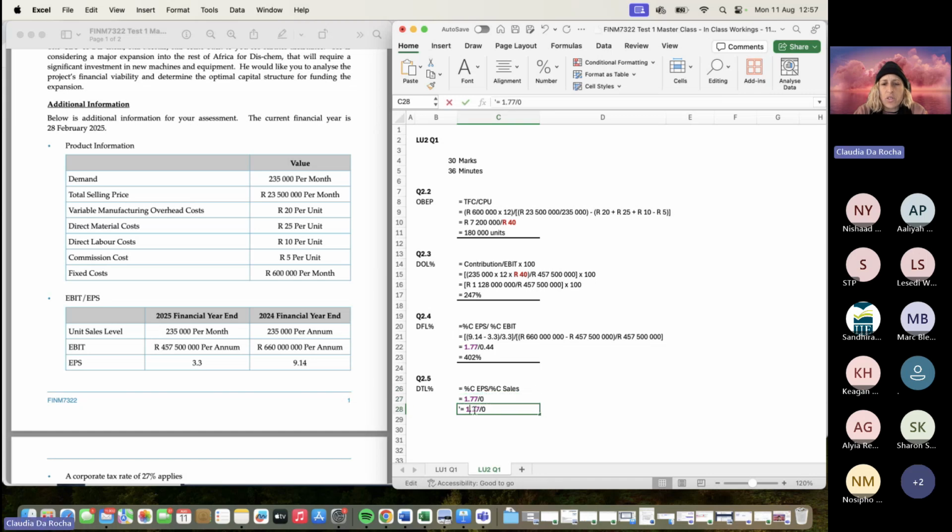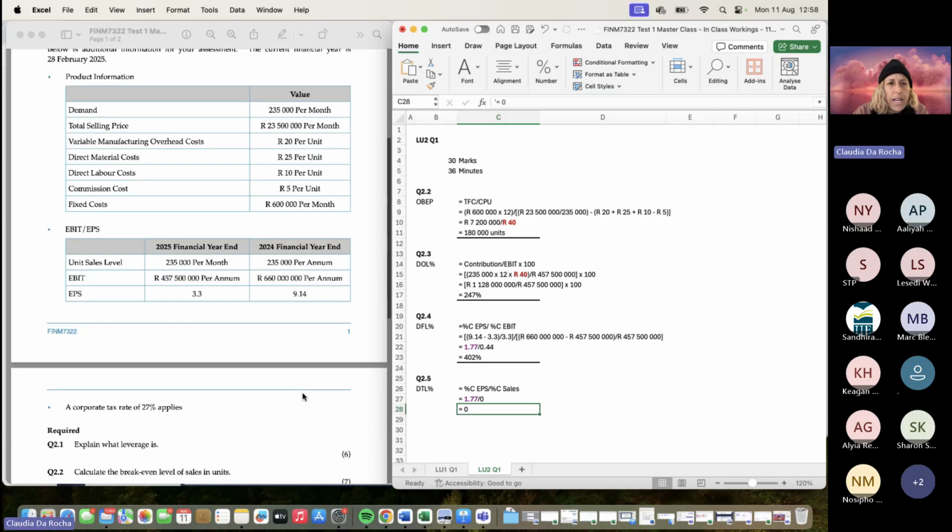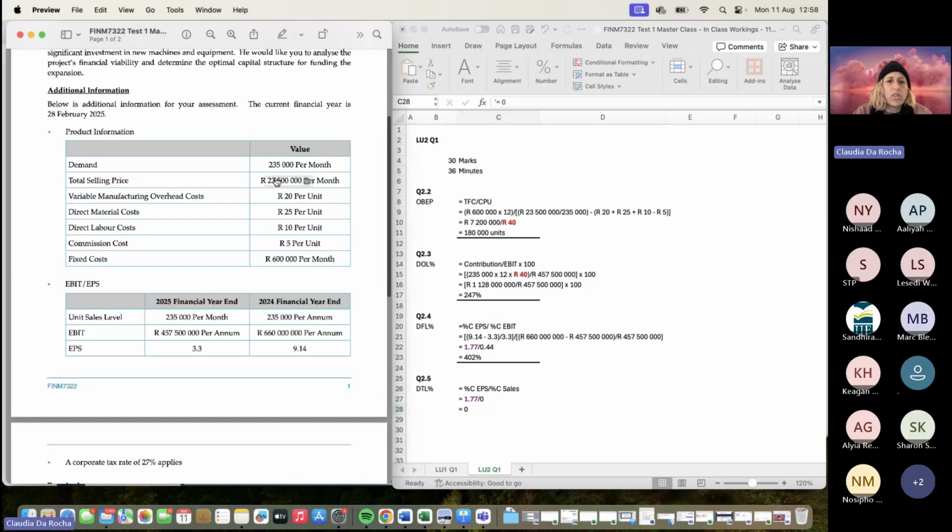Which means that for a total degree of leverage, we wouldn't really have an answer at this stage because there has been no change in our sales. And how do I know that? I can see that my total selling price divided by that gives me a value, and my unit sales has not changed. Oh, wait, it has.